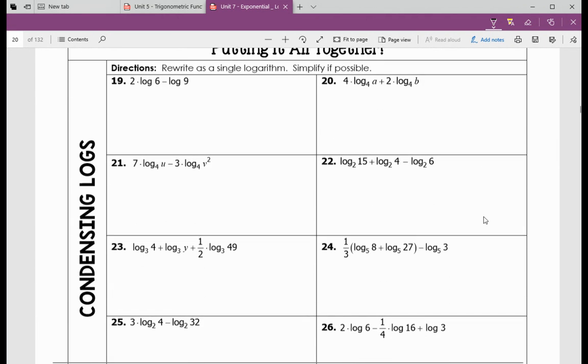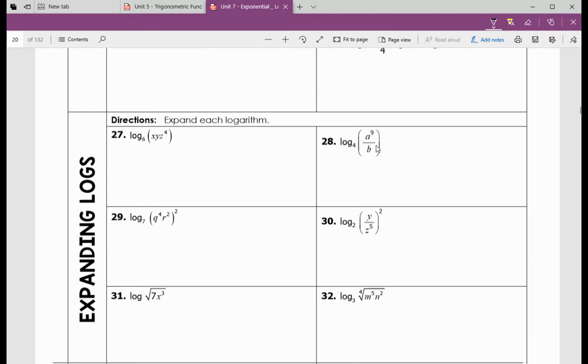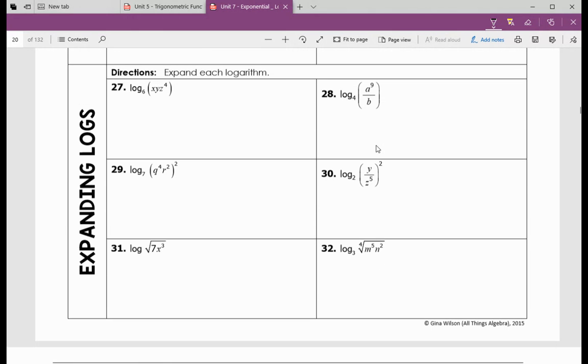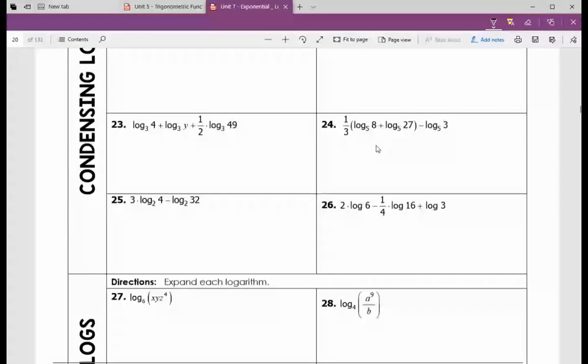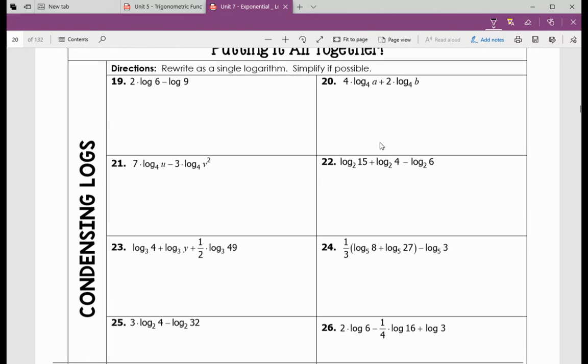Now, we're going to put these together, meaning we're going to write as the first group, as single logarithms. And then in the second set of problems, we're going to write as expanded logarithms. So in the first example, I do see a power, so I want to deal with that power property first.